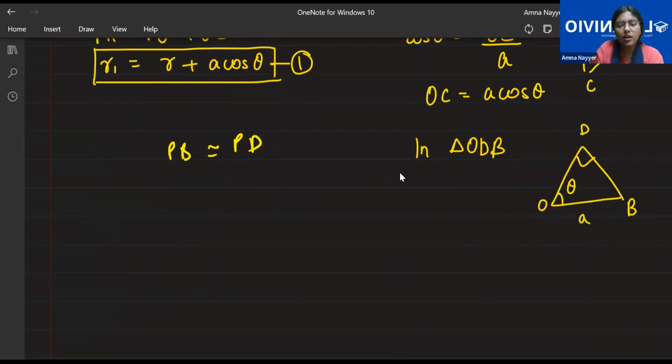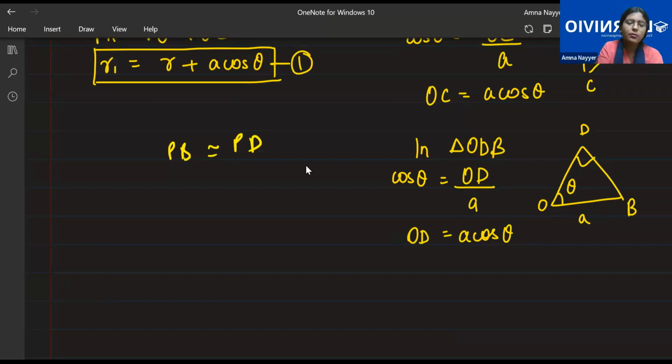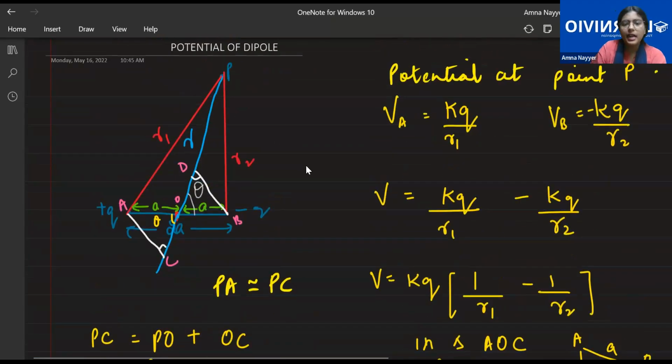Again, if I take cos theta here, it will be base over hypotenuse, because DB is the perpendicular that we have dropped. So OD is the base, OD by A. So OD becomes equal to A cos theta. Now come to the shorter side. Again, I can write PO as PD plus OD.